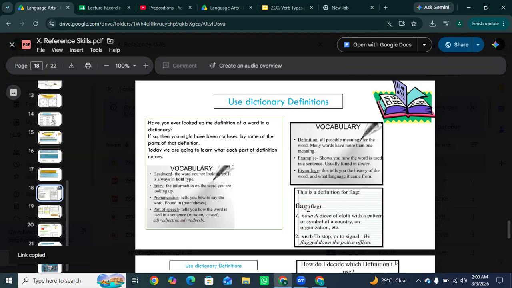Like verb, to stop or to signal: we flag down the police officer. So basically, the head word is flag, then pronunciation, then definition, and here we have two definitions, one for noun and one for verb. The noun explains flag as a physical object, and the verb explains flag as an action.